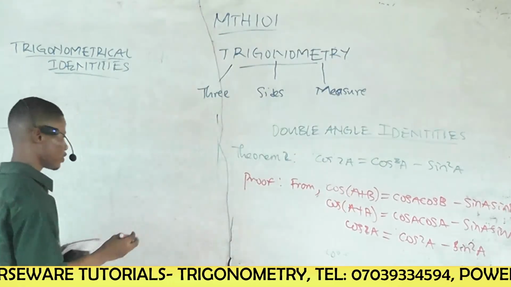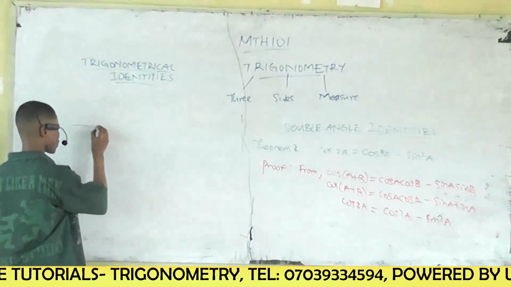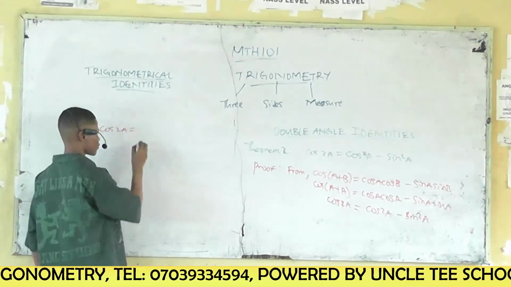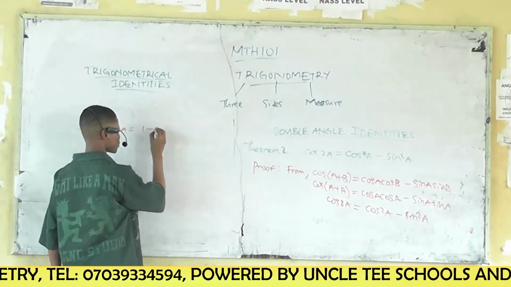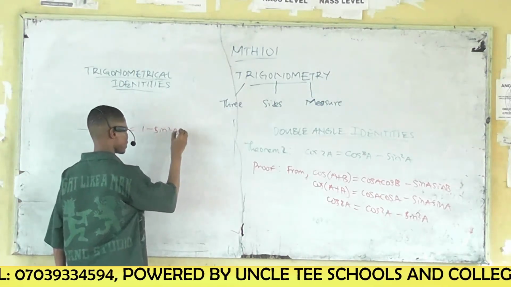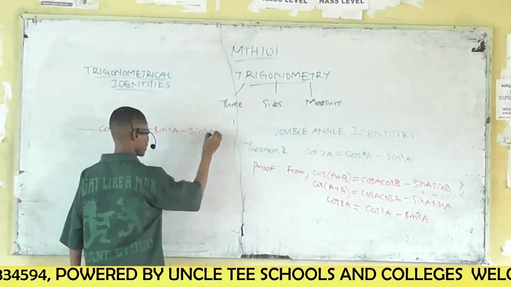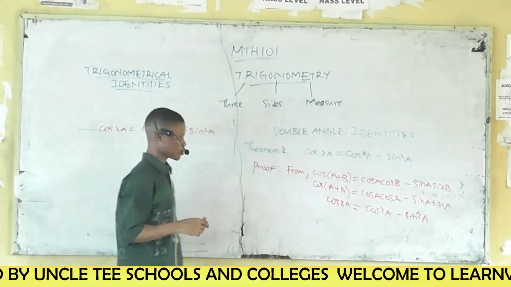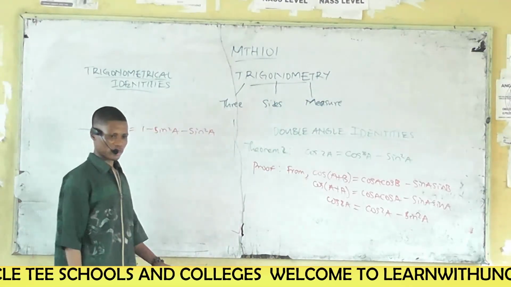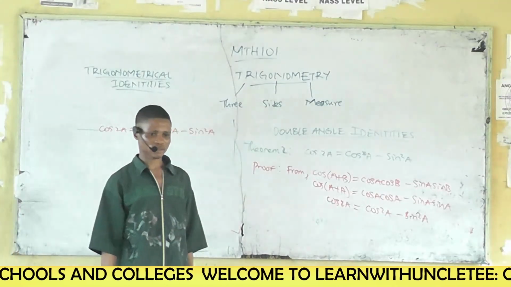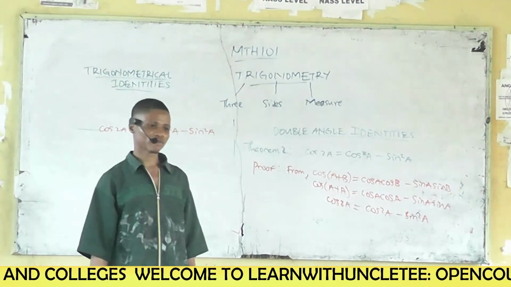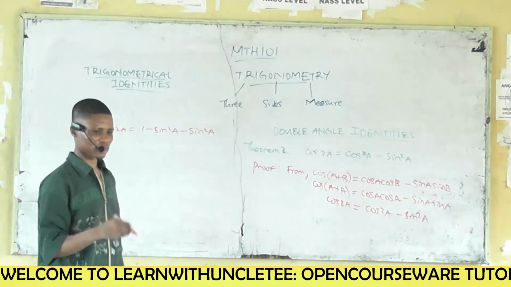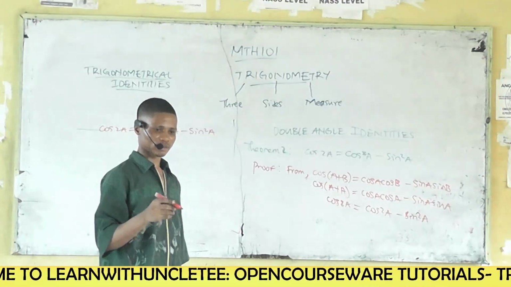Also, from there, you can say that cos 2A is equal to 1 minus sine square A minus sine square A. That is, this cos square A is equal to what? 1 minus sine square A. How do I get that? We've proved it from the fundamental theorem that sine square theta plus cos square theta is equal to 1.